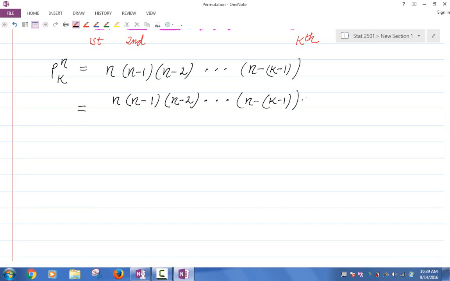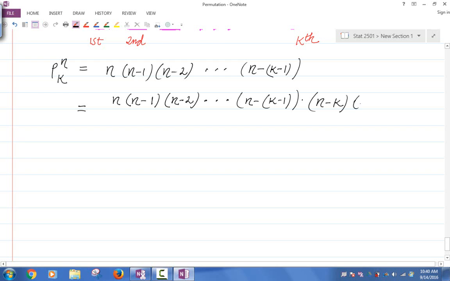So the last number here is n minus k plus 1, but I want to go all the way down to 1. So what would be the next number that I need to put in? N minus k would be the next one. Now I subtract 1 more than the previous one. Then I'm going to subtract k plus 1, and I keep doing that.